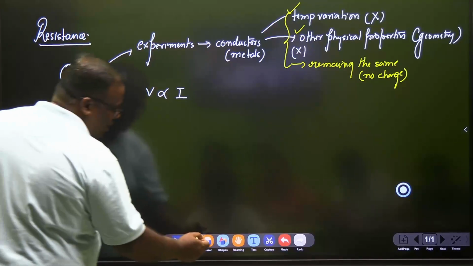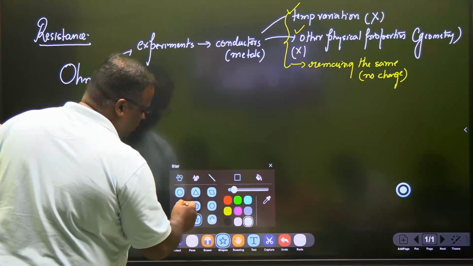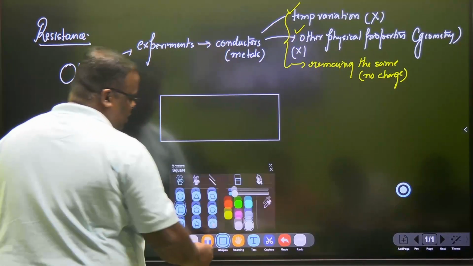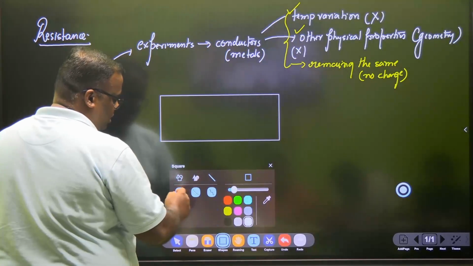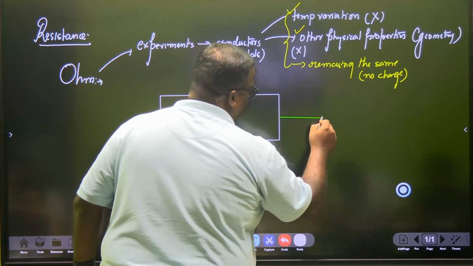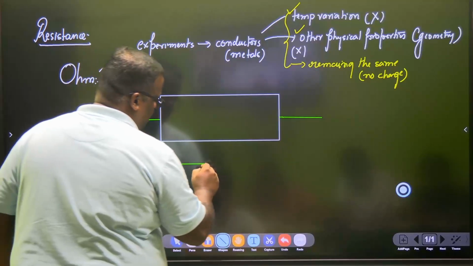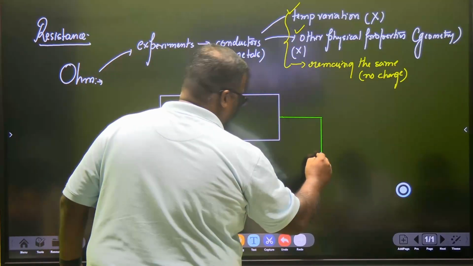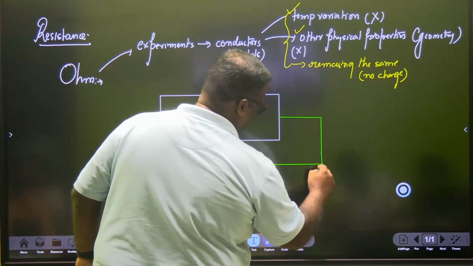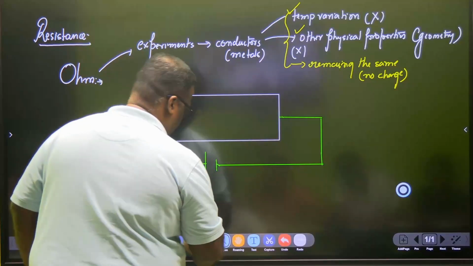Let me rub this and make a simple drawing which will try to explain this. So let's say this is a conductor, and this conductor is subjected to a potential difference.